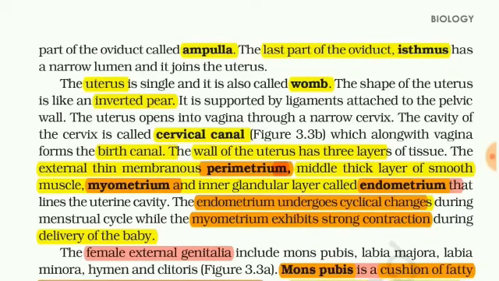The three layers of the uterus you already studied: perimetrium, myometrium, and endometrium. The endometrium undergoes cyclic changes during the menstrual cycle. The myometrium exhibits strong contraction during delivery, and due to this contraction the child is delivered.